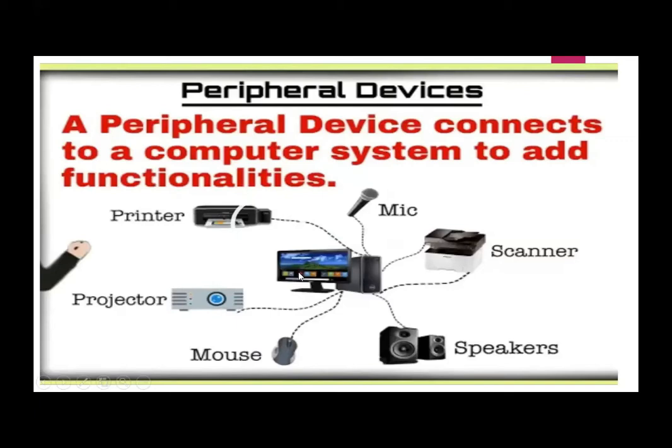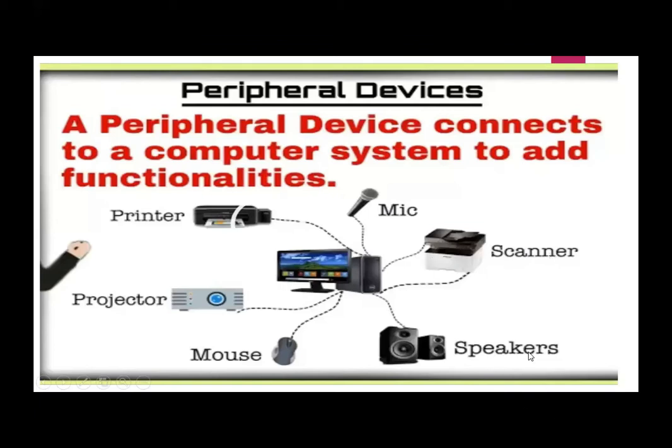Input and output devices together are called peripheral devices, because you see here are both input and output devices. For example, mic is an input device. Scanner also works as an input device.